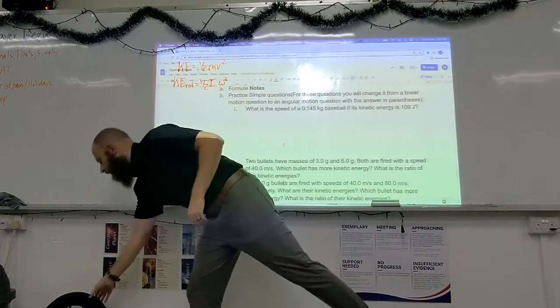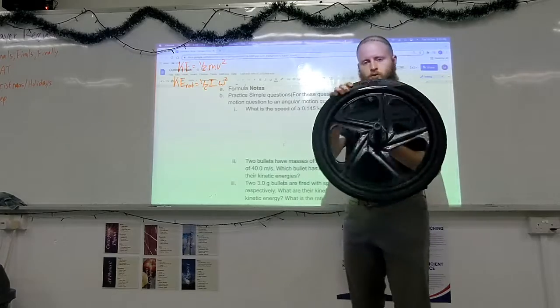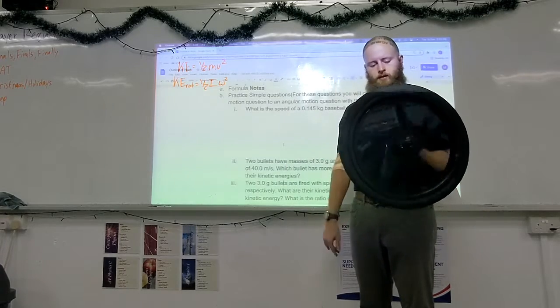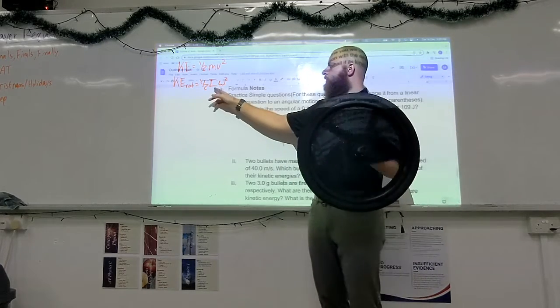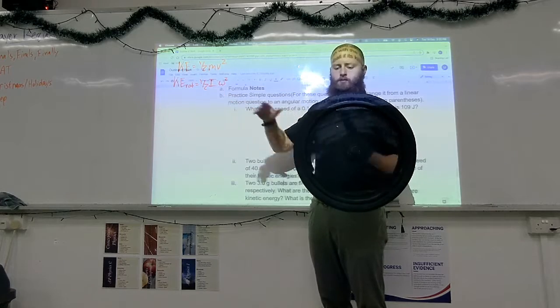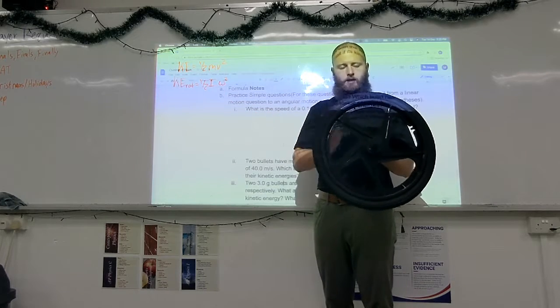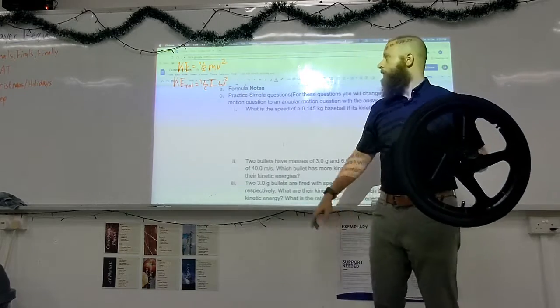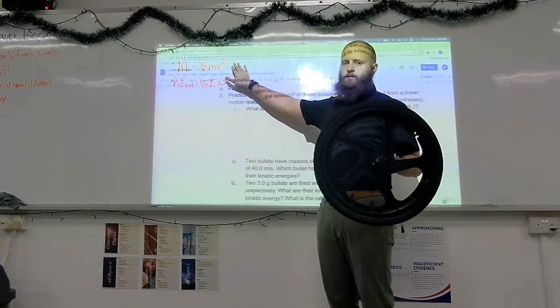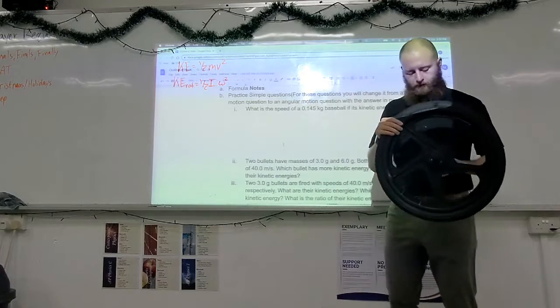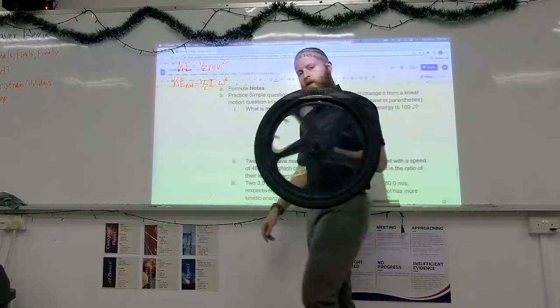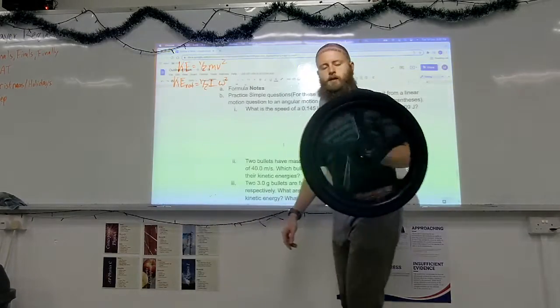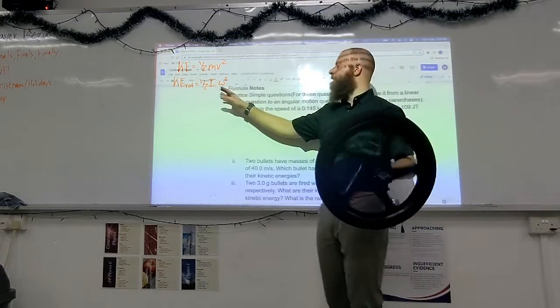If something is just rotating in place, it's usually easiest to describe it as just KE rot. If something is stationary and moving side to side, but not rotating at all, then it's just going to be regular KE.